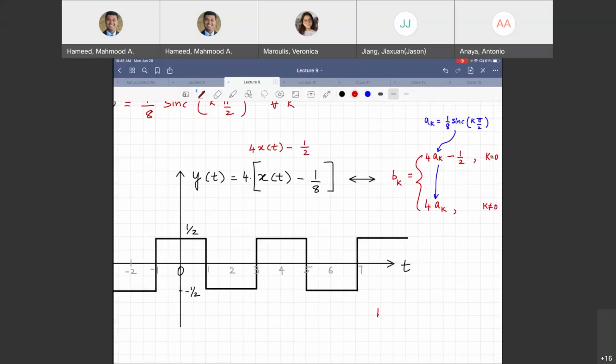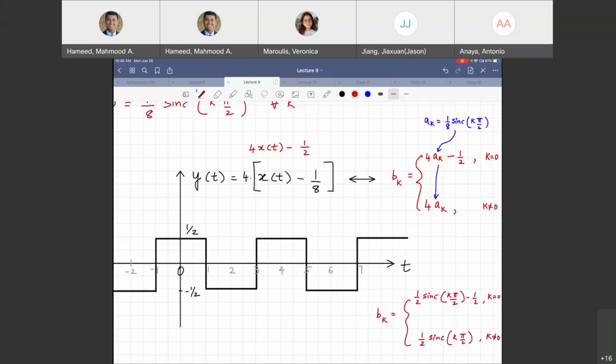Here, b_k is half sinc(k pi over 2) minus half when k equals 0, and it is half sinc(k pi over 2) when k is not equal to 0.